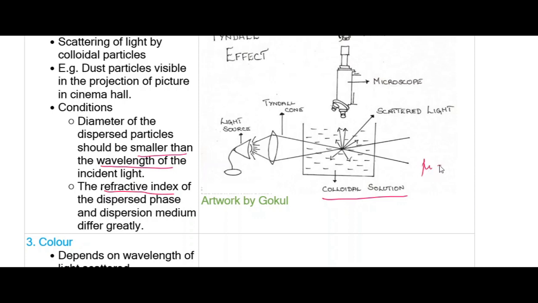We call it mu, the sine of angle of incidence divided by sine of angle of refraction. So the refractive index of the dispersed phase and the dispersion medium should differ greatly. Their respective refractive indices should be wider in the difference, so that we can realize the Tyndall effect more effectively.